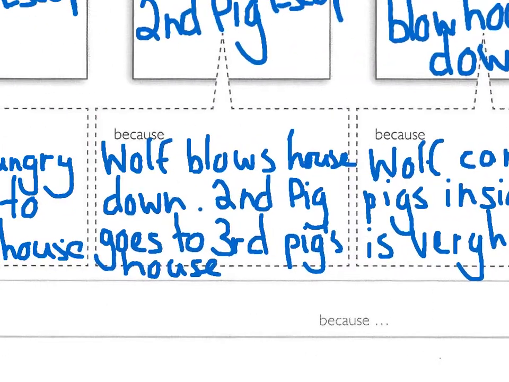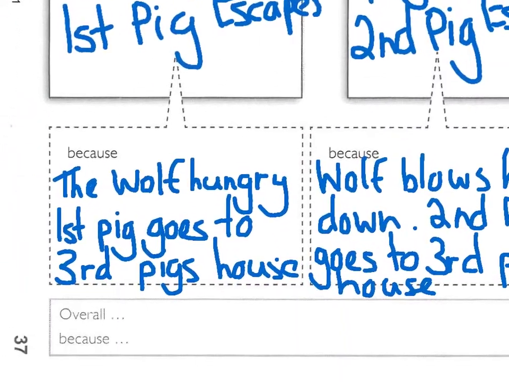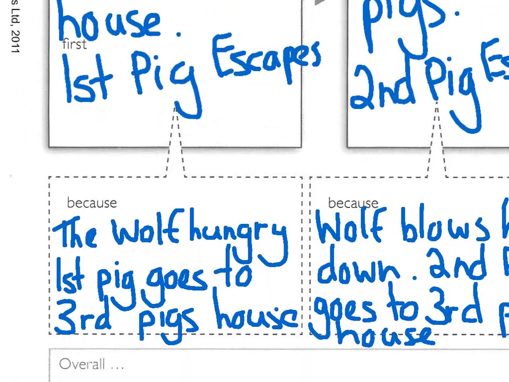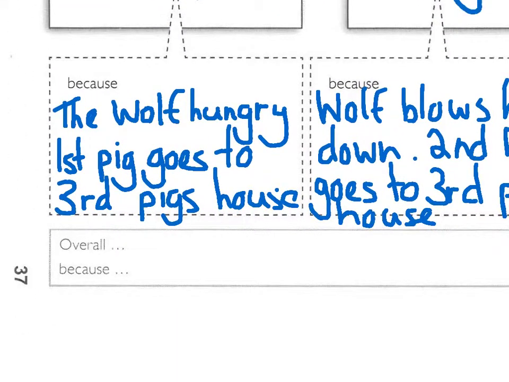So I've now entered my reasons. The first one is wolf goes to the first pig's house, first pig escapes. So I believe this is important because it establishes in the story that the wolf is hungry, and the fact that the first pig goes to the third pig's house, and the fact that the pig made such a weak house makes it an important event in the story.